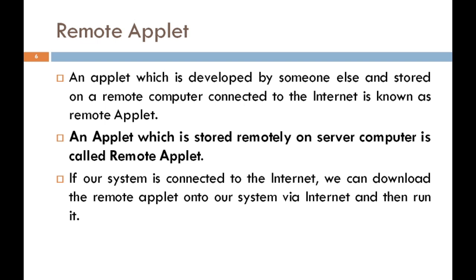That means for remote applet, we have to compulsorily specify the codebase attribute of applet in a HTML page. In the case of local applet, codebase may be absent or may specify a local directory. So this is about the remote applet in Java.